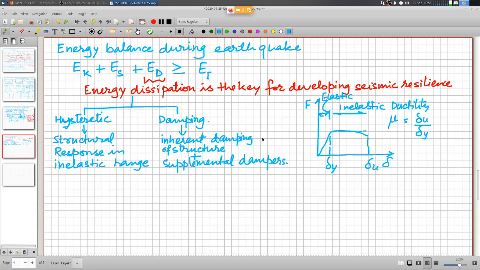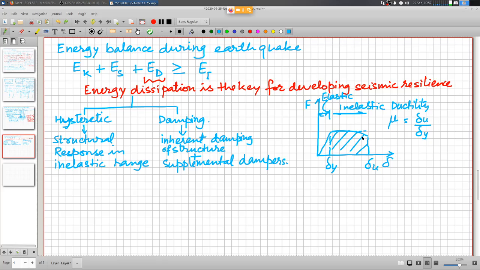So if I have large ductility, I have more access to energy dissipation via hysteresis. So high ductility is highly desired. Now the question is, how do I achieve high ductility?